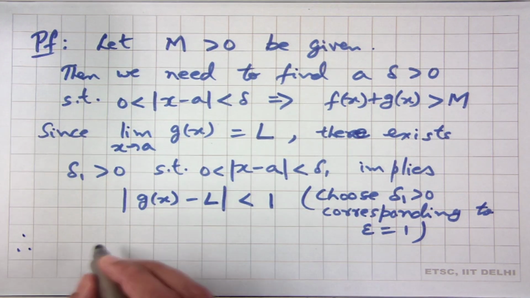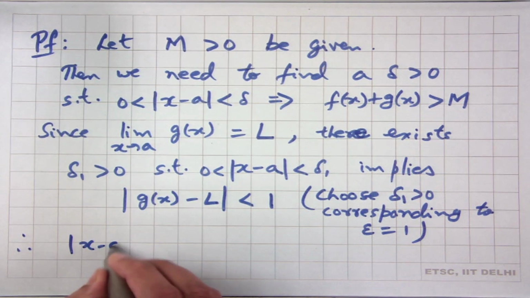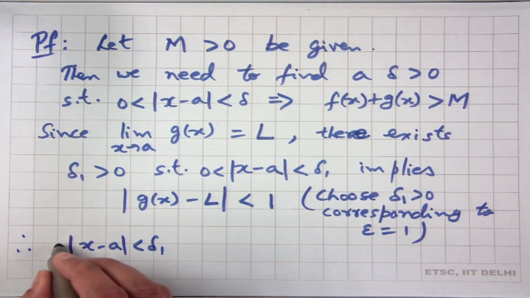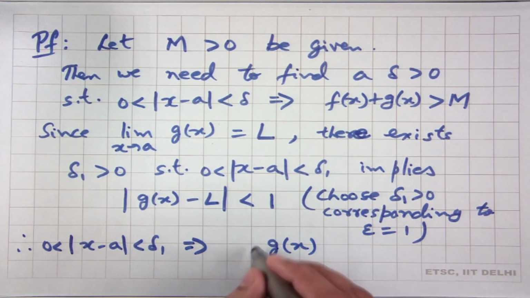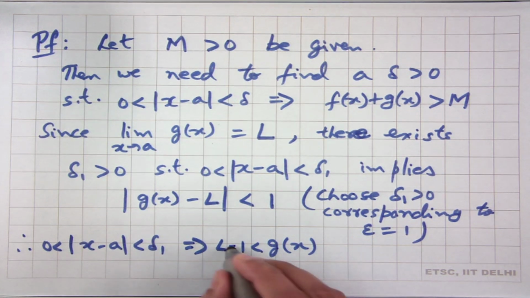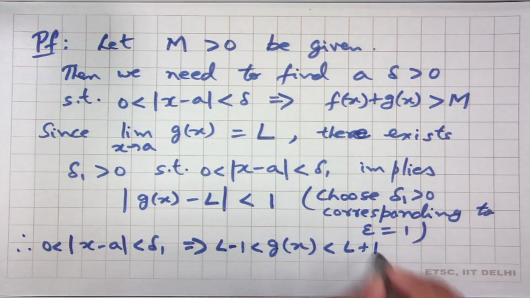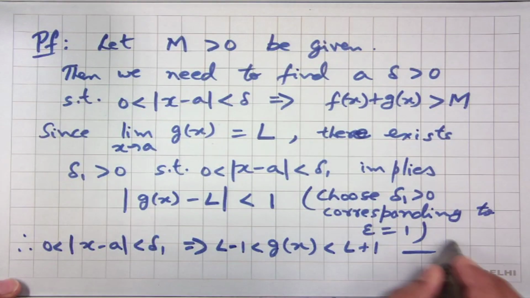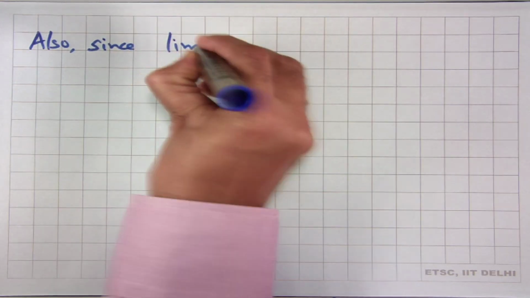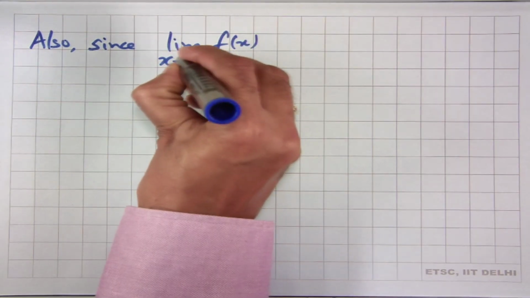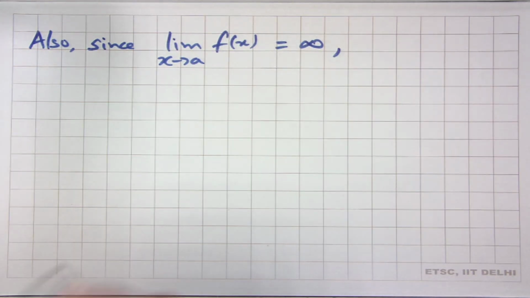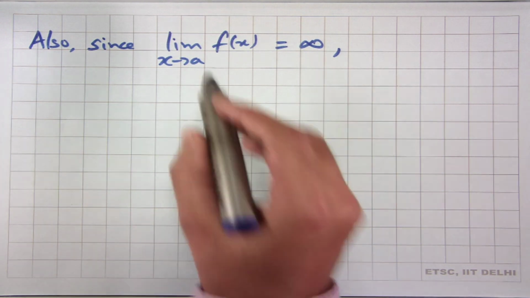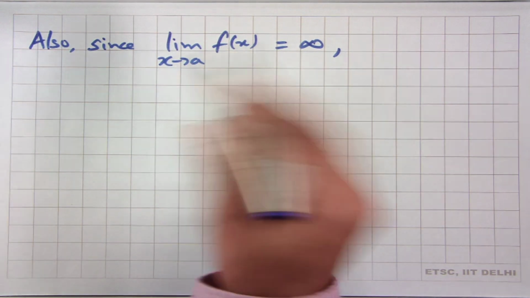Therefore, mod x minus a less than delta 1, greater than 0, implies that g of x is between L minus 1 and L plus 1. So, this is one thing we get. Also, we are given the limit of f of x as x approaches a is equal to infinity. So, for any positive real number, I can make f of x bigger than that real number.